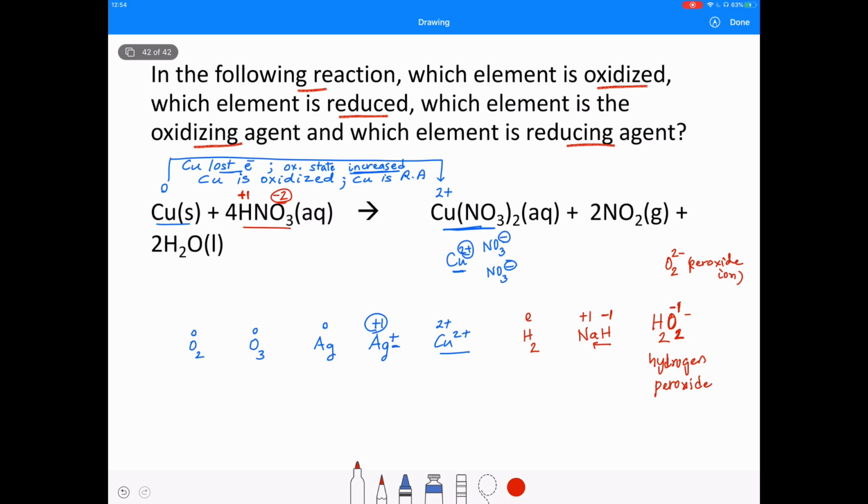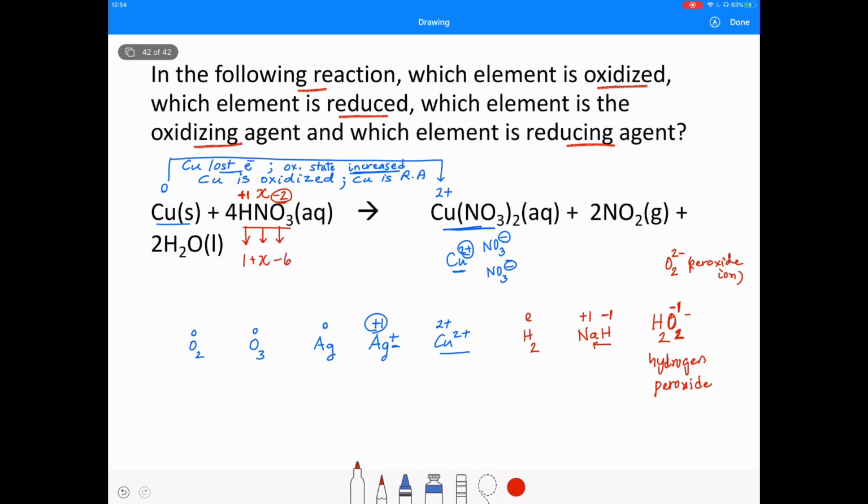The oxygen gets -2. So what will be the oxidation state of nitrogen? Let's assign nitrogen X. Let's add up the oxidation states. Hydrogen, 1. Nitrogen, there's only 1 nitrogen, so X. The total oxidation state for oxygen, 3 times -2, is -6.